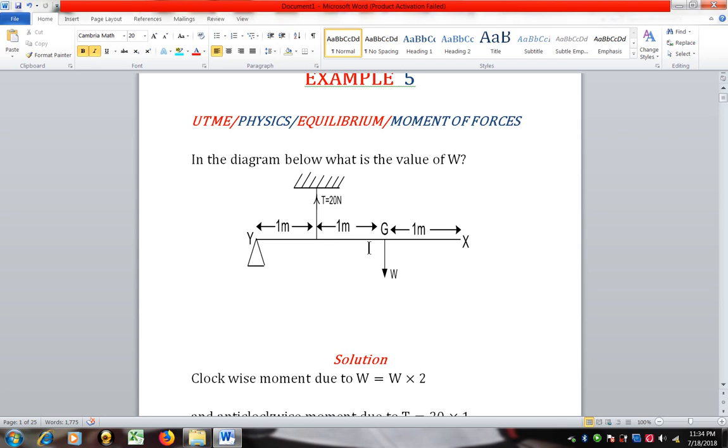Now, since the body is in equilibrium, it means the total downward forces is equal to the total upward forces. One upward force is available here, which is the tension T due to the string, and also one downward force is available, which is the weight of the rod itself.